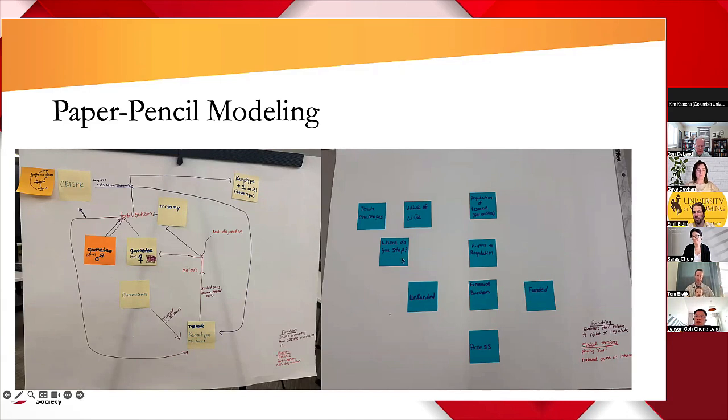And then they also mapped some of the social and ethical aspects of the issue. In this case, it was whether we should fund research on trisomy 21.